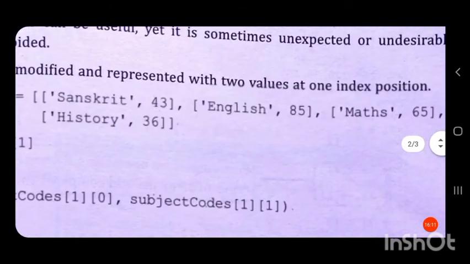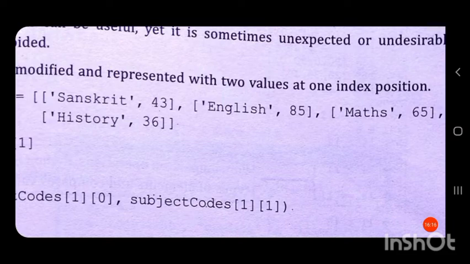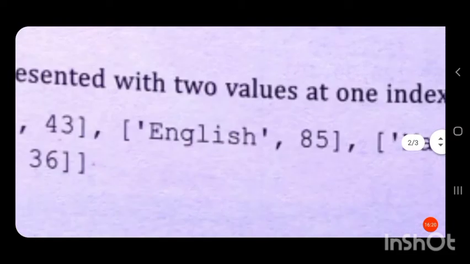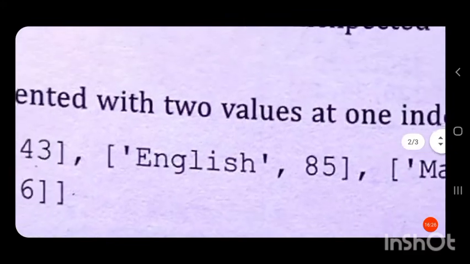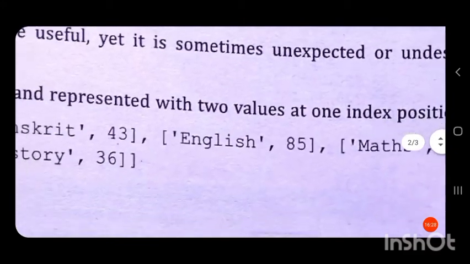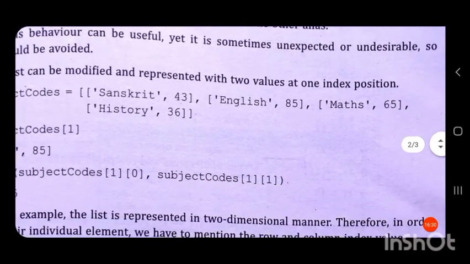Here the first 1 represents the row index and 0 represents the column index. So in row number 1, column 0 means English. Row 1, column 0 means English will be printed.